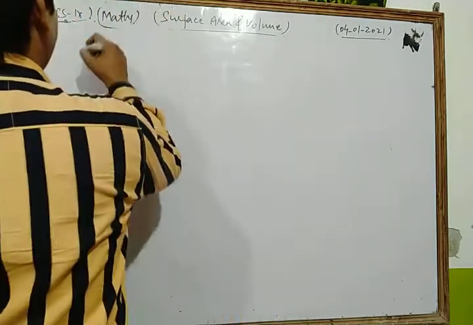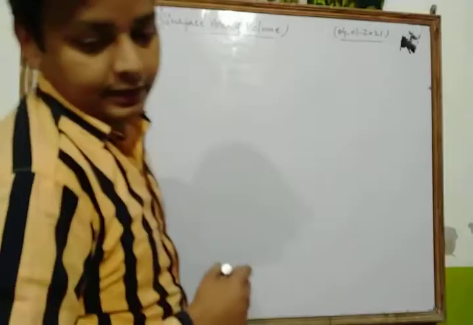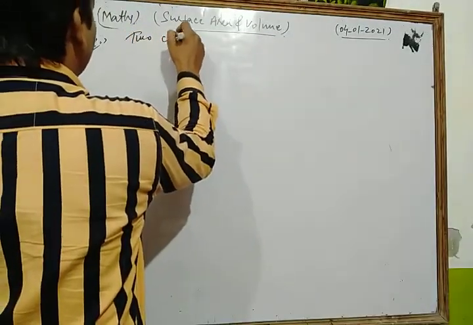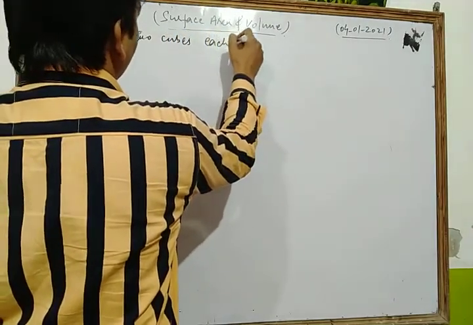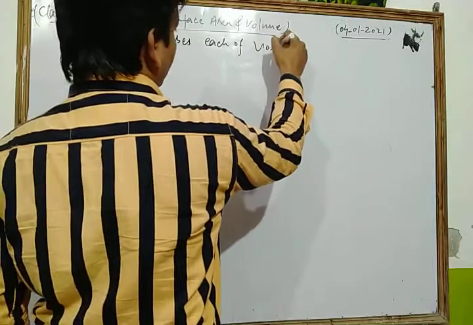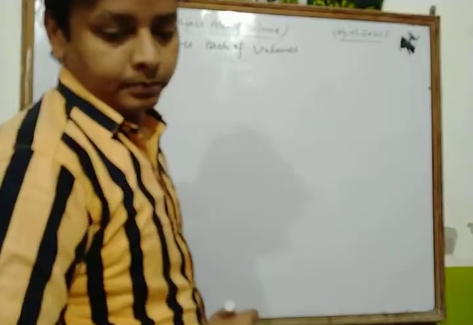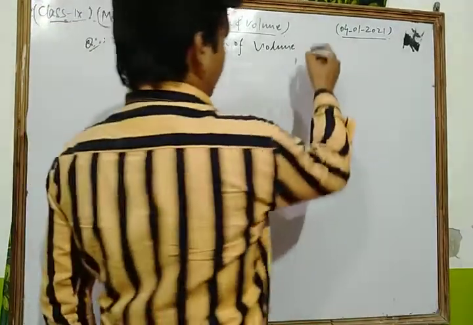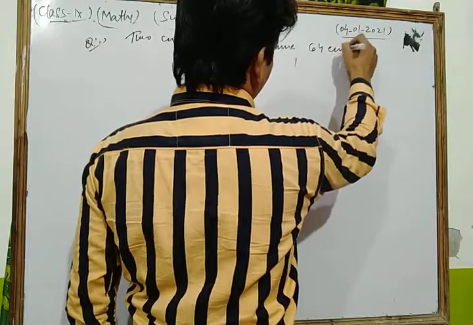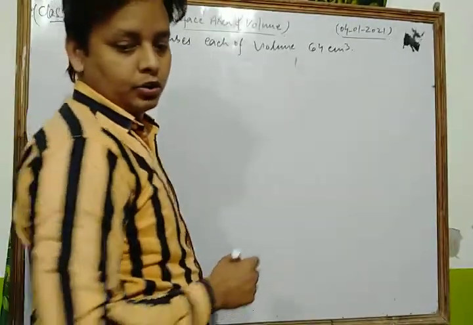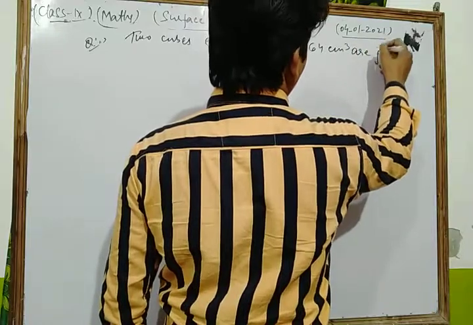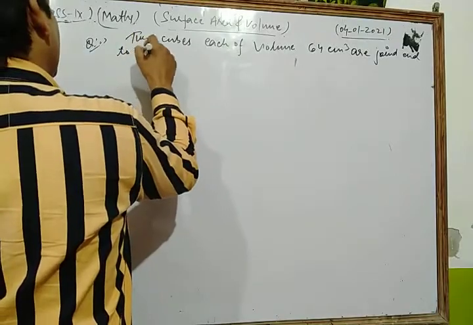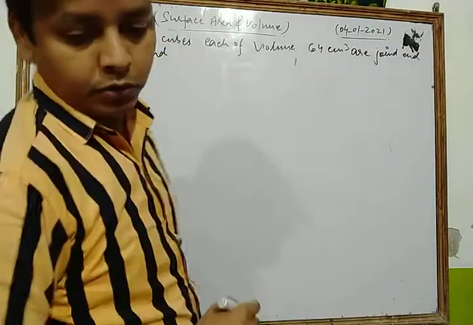Two cubes, this is a very important question of your topic. Let's see. Two cubes each of volume 64 centimeter cube are joined end to end.